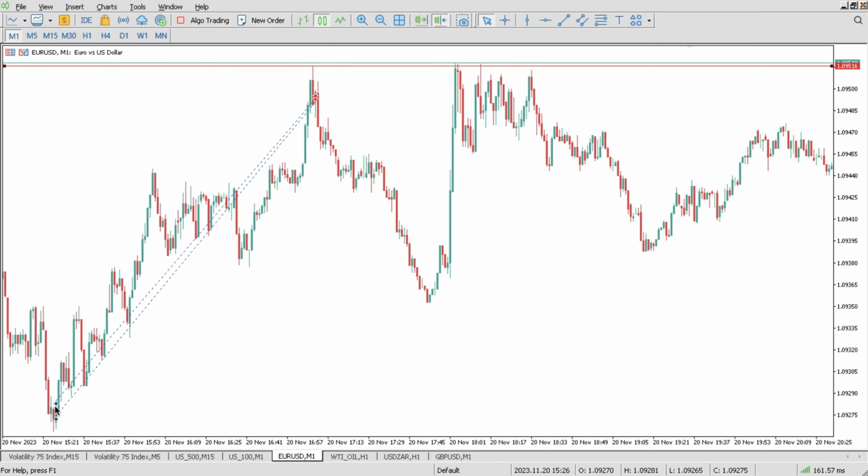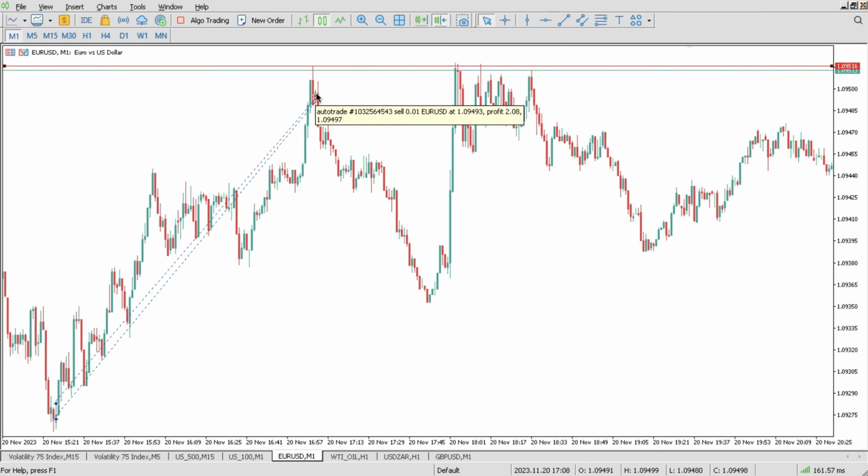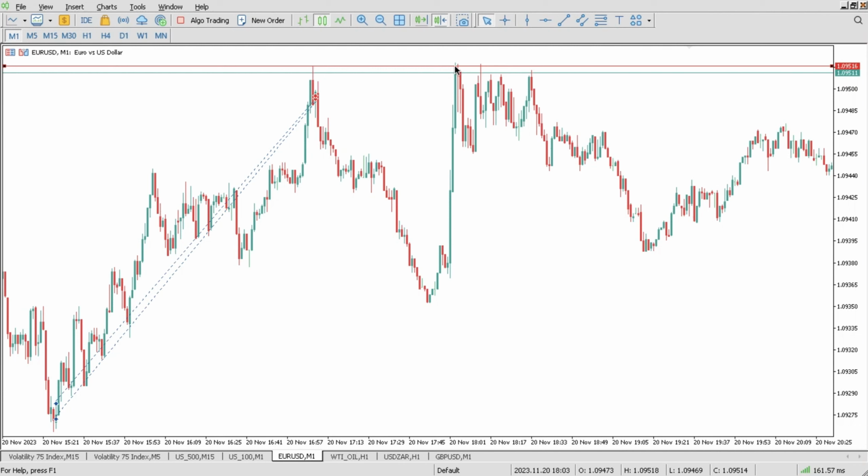I bought right there very close to the low, and then I exited right there very close to the high. This was actually the high of the day. As you can see, price still struggled to break that high. That tells you there's a reason I exited there.